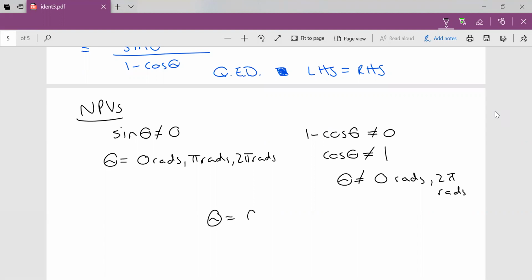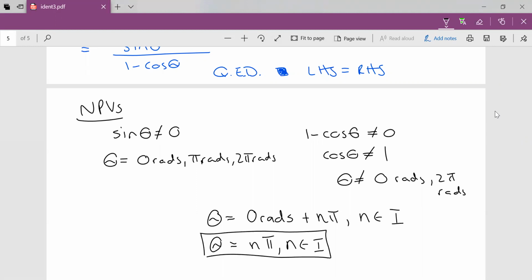What I always like to do is write my first angle, even if it's 0 rads, plus I can see the distance between all of these is going to be n pi, or pi n, where n is a member of the integers. Do I really need that 0? No. Is it wrong if I write it? No. But there it is. Theta can't equal the non-permissible values.